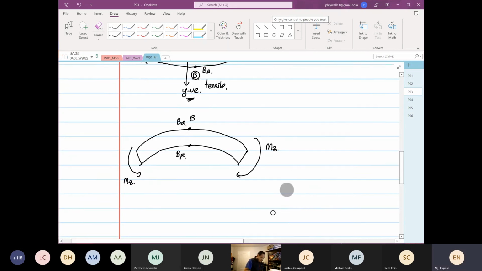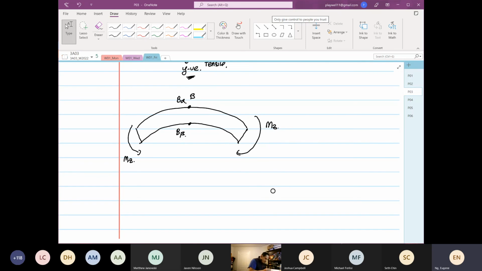So now what you can see over here, right? Now you can construct your centroid. So this is our centroid, right? Over there is our centroid.